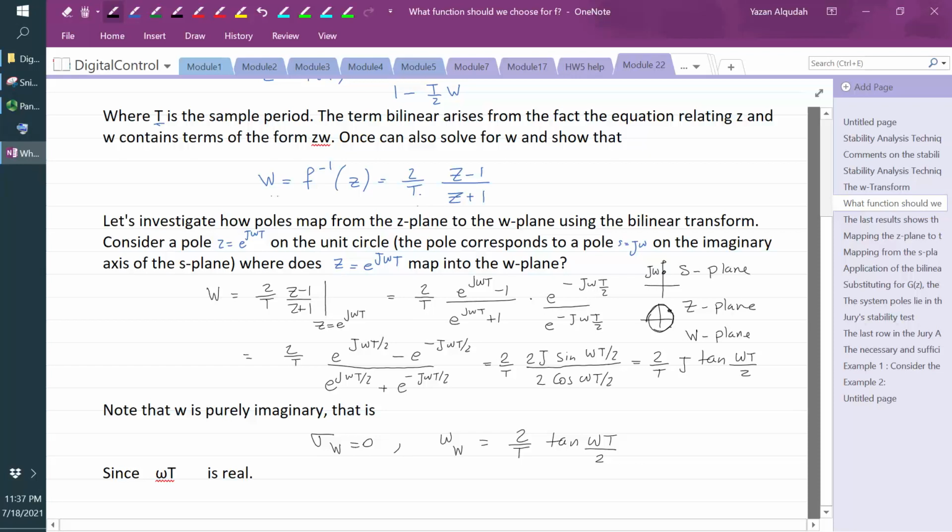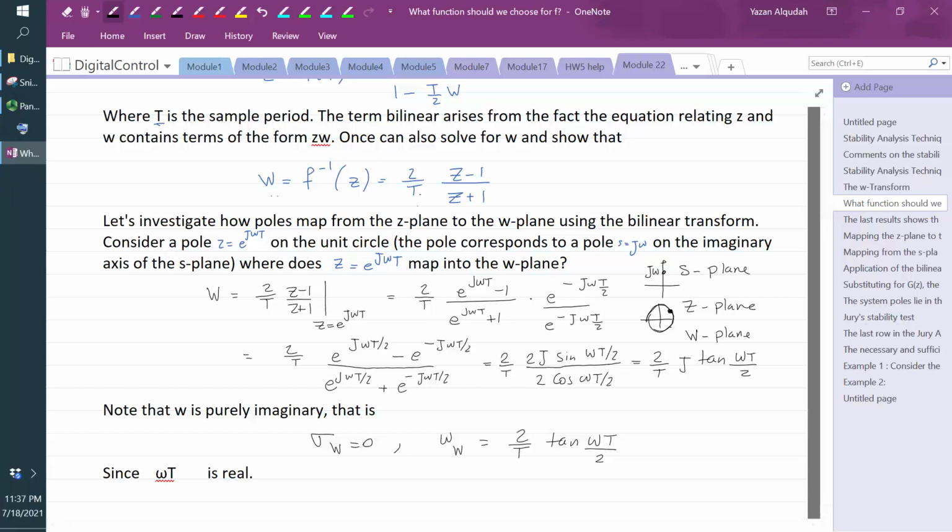Now where does this pole that is on the unit circle map in the w plane? Let's calculate it. So we have w that is equal to 2 over t, z minus 1 over z plus 1. My pole in the z plane is at e to j omega t, which is on the unit circle, because what is the magnitude of e to j omega t? The magnitude is 1. Therefore it is on the unit circle.